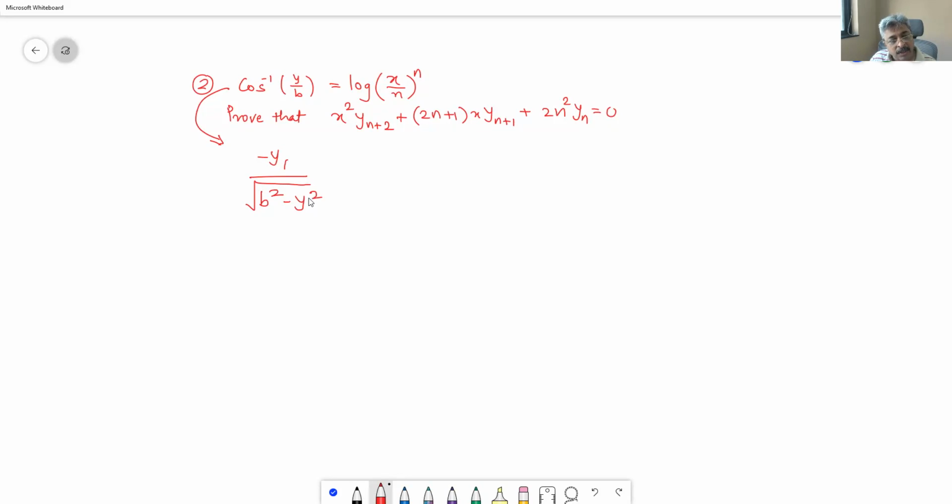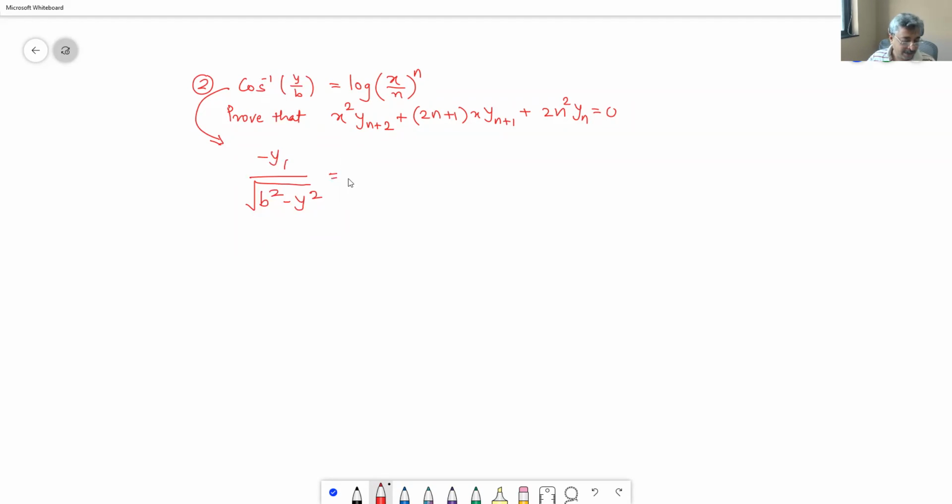Basically it is 1 minus y by b bracket square into minus 1 upon radical 1 minus y by b bracket square, that is the cos inverse derivative, into the derivative of y by b, that is y1 upon b, which makes it minus y1 radical b square minus y square.